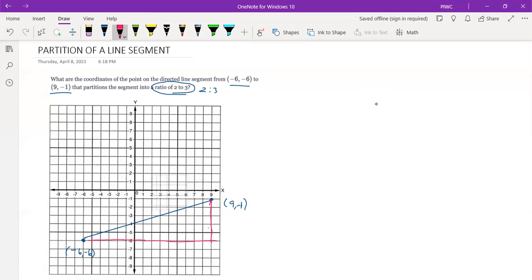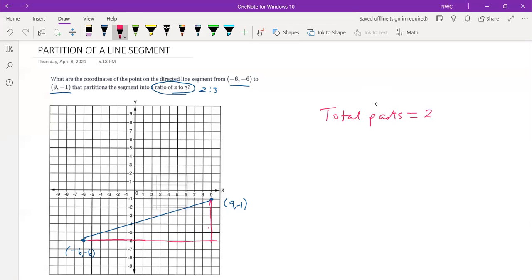Okay. Now, once we've done that, we'll partition the horizontal line and the vertical line into the ratio 2 to 3. So first of all, we have to ask ourselves, what is the total number of parts that we have to break each line into? Total parts. So the total parts here will be 2 plus 3.